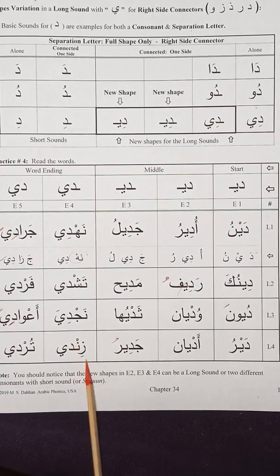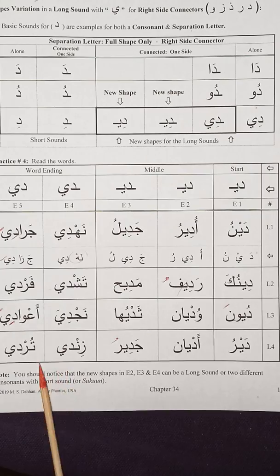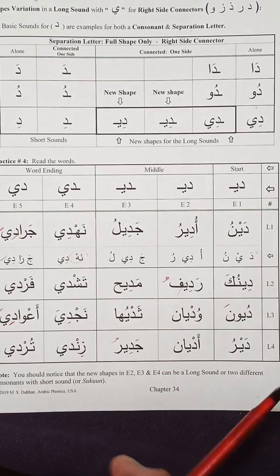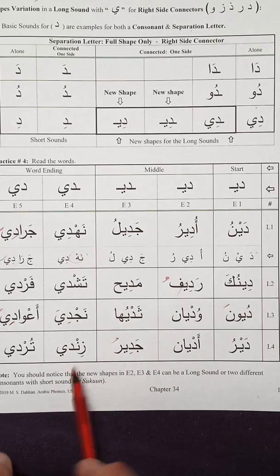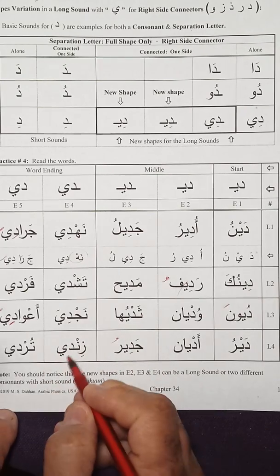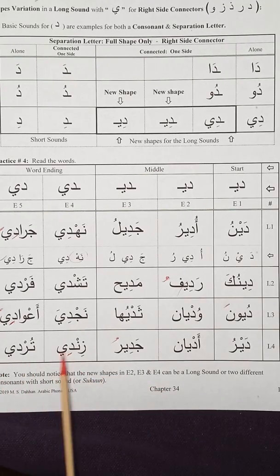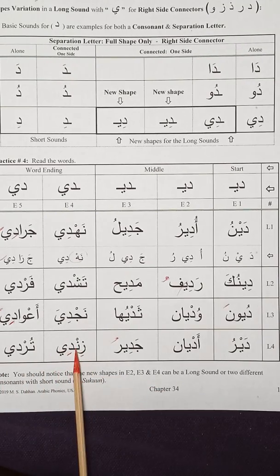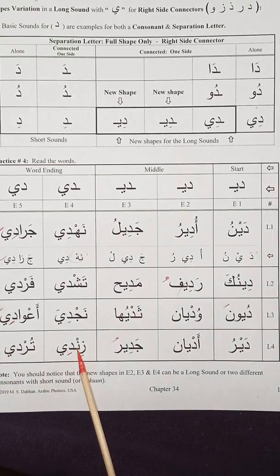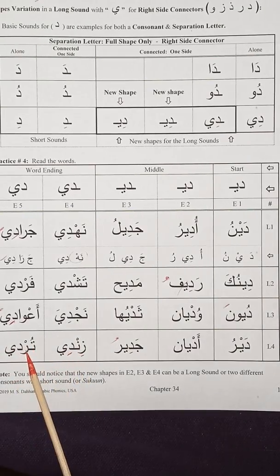And next one will be zin di. That is a long sound right there. Although the vowel is not here, I'm going to put it for you. Here we go. But there's nothing here at the end, so di. Zin di. Zin di. Tur di.